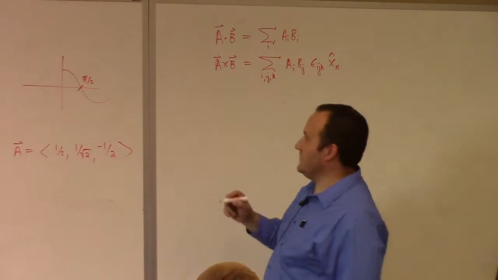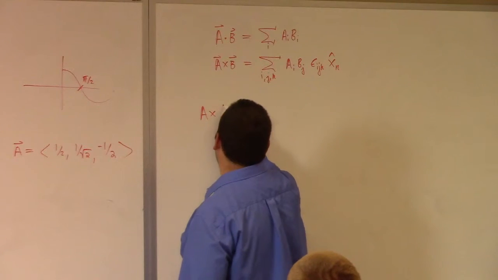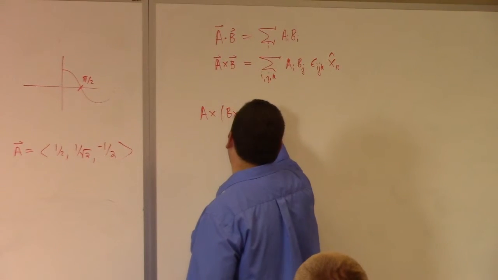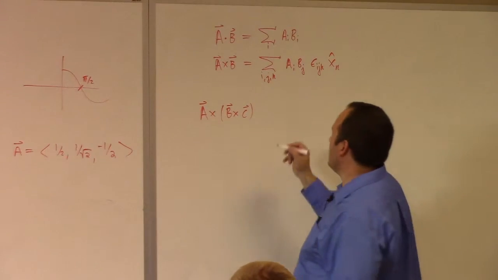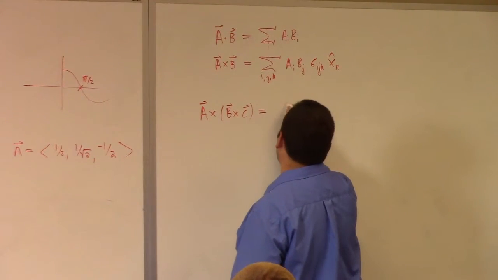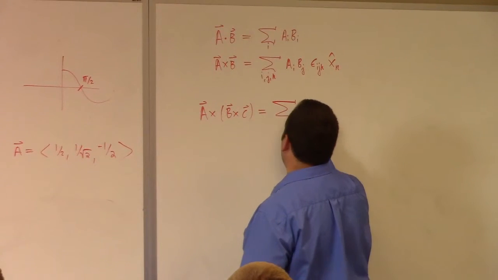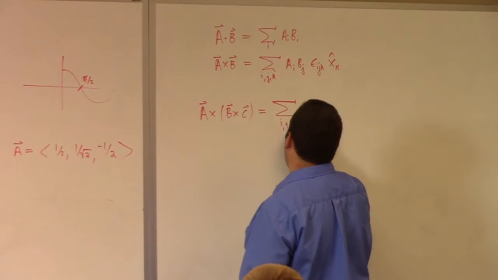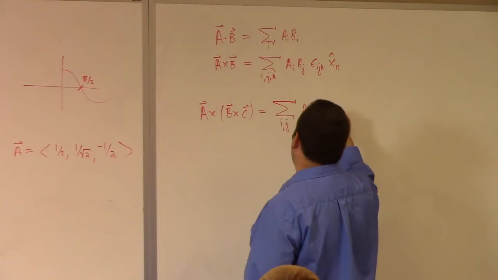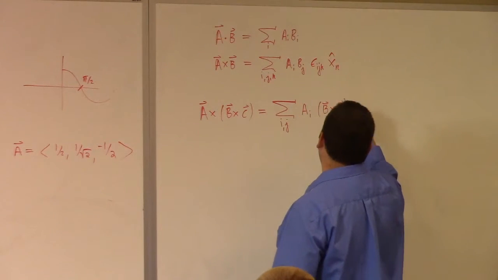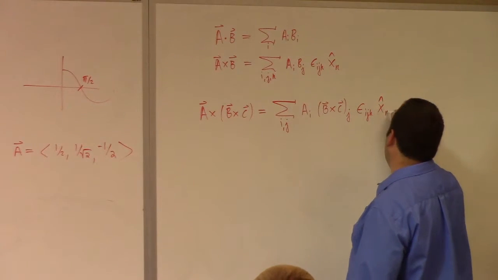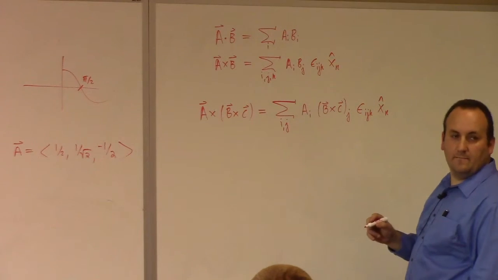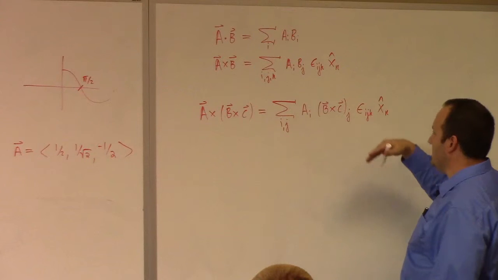So for this one, you've got A cross B cross C, right? Basically what you do there is you say, okay, well that's the sum over I and J of A_I (B cross C)_J epsilon_IJK x hat_K. And then you just keep breaking it down.